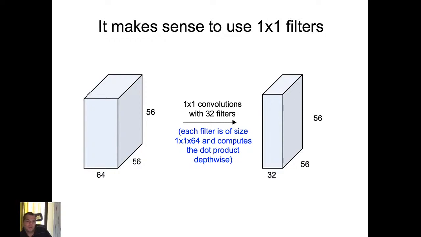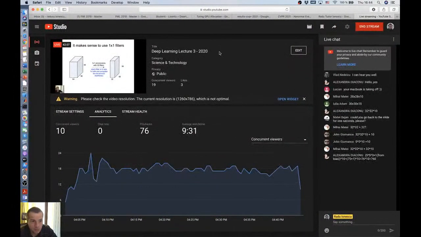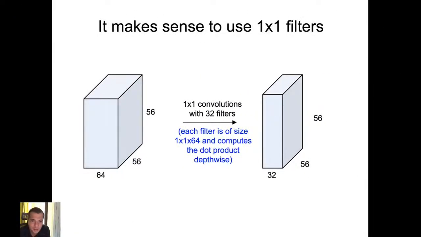So it's just decomposing a three-dimensional filter into two-dimensional components, one with spatial support and one with depth-wise support, and the number of parameters that you learn is lower, and it gives you the opportunity to train more efficient networks. So another application of 1x1 convolution is in neural networks that use separable convolutions. One example is the MobileNet architecture.